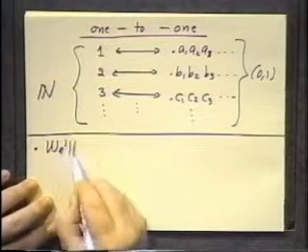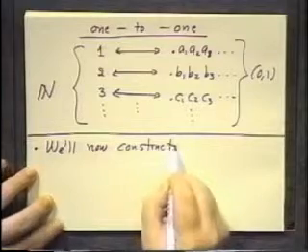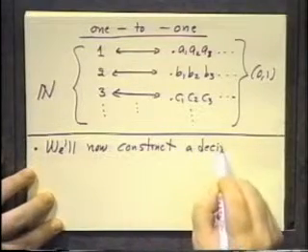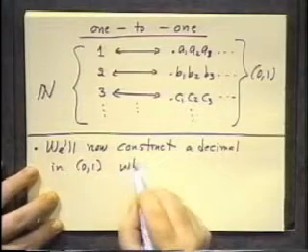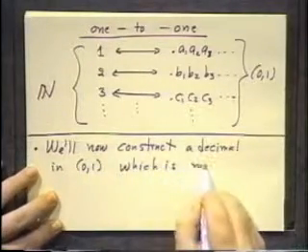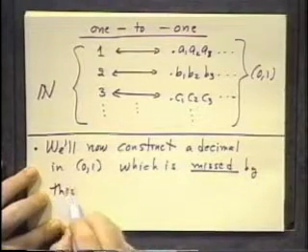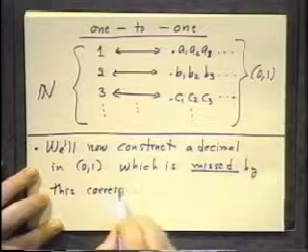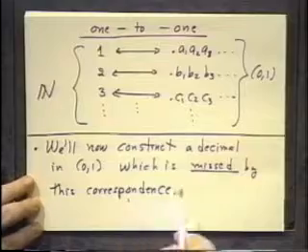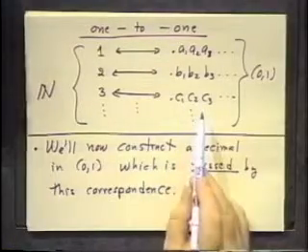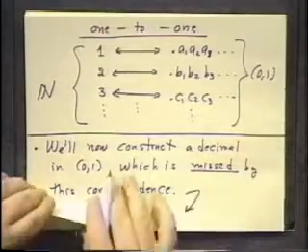So what I will do is we'll now construct a decimal in that open interval 0, 1, which is missed by this correspondence, or any correspondence. There's nothing special about this one. The only thing that's mentioned here is what is common to all the correspondences, that the right-hand side must be listable to compare to 1, 2, and 3. Okay, let me show you what the construction is.